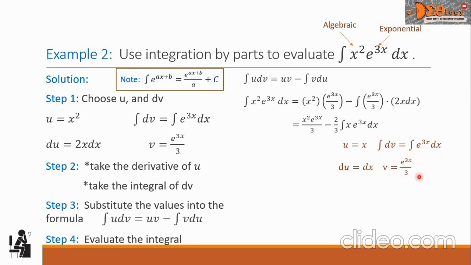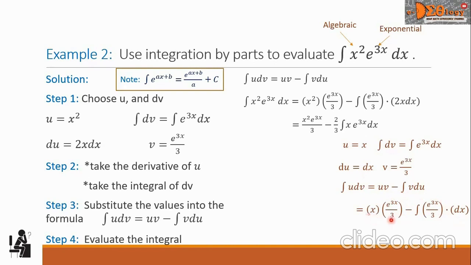Let us now substitute these values in the integration by parts formula. So we have now the uv here is x times e raised to 3x over 3. Then minus the integral of v, which is now e raised to 3x over 3, times du. Our du here is dx, so we write it here.